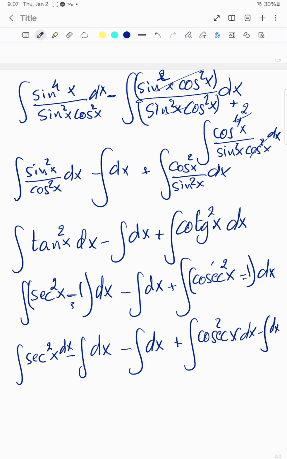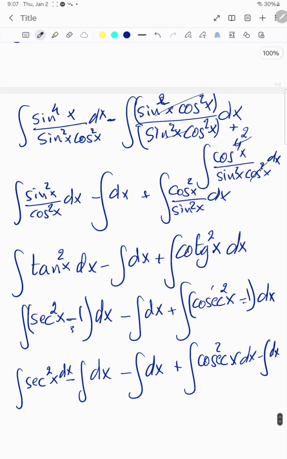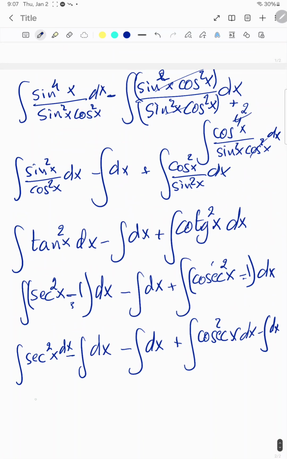And now I will apply the formula for the integral of sec square of x. There is a formula that says it's tan. You don't have to prove it. It's a trigonometric formula, just use it. So the first integral becomes tan of x minus the integral of dx, which is x, minus the integral of dx, which is x, and the integral of cosec square of x dx, it's a formula again, is equal to minus cotangent of x, and minus the integral of dx is x.